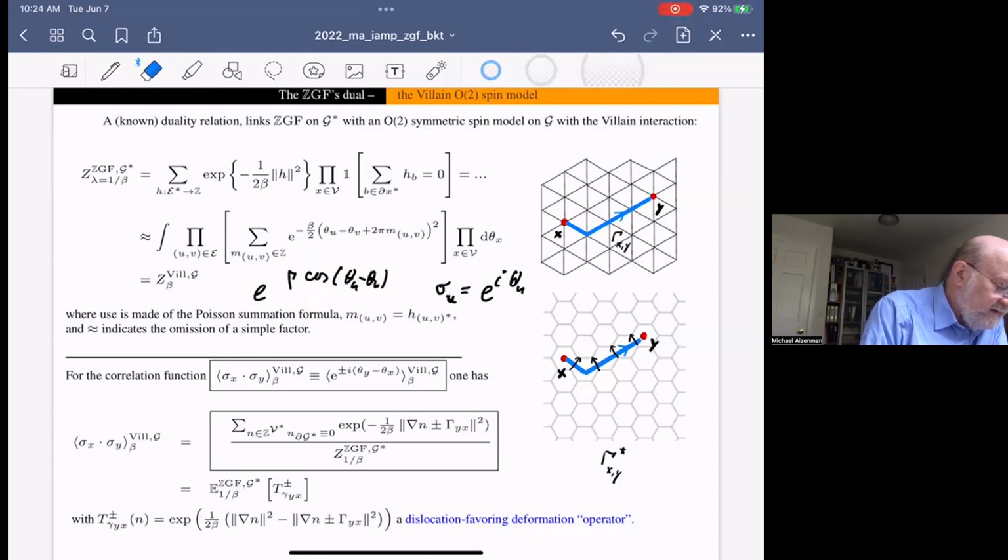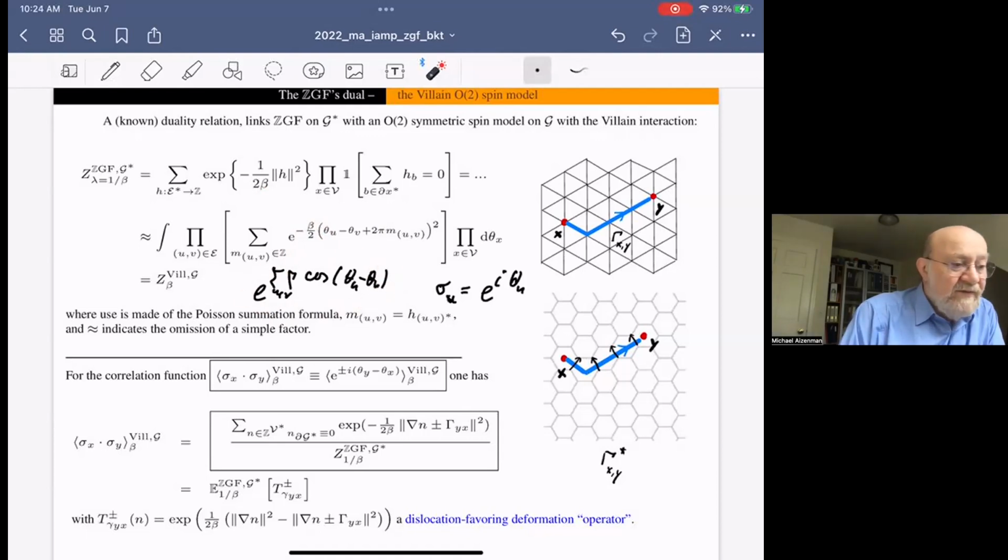Yeah, this is the dot product of two neighboring spins, and you are summing over pairs of neighboring spins sigma u, v. Except that in the Villain model, the one which emerges through the duality transformation, the cosine is replaced by the Jacobi function, which has much of the structure of what's seen here.